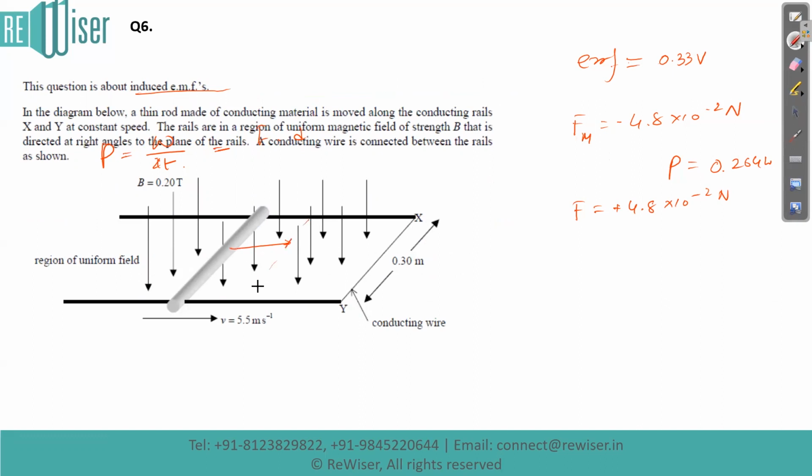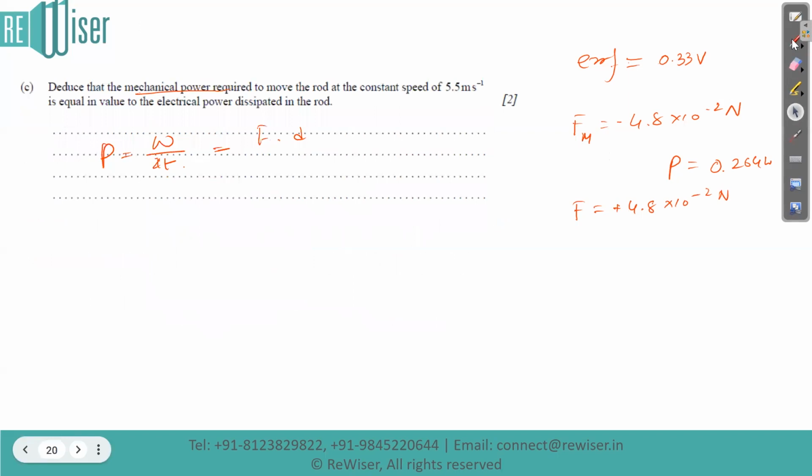Let us consider it displaced by distance D, divided by del T. Displacement by time is nothing but velocity, right? So I can write P is equal to F into V.